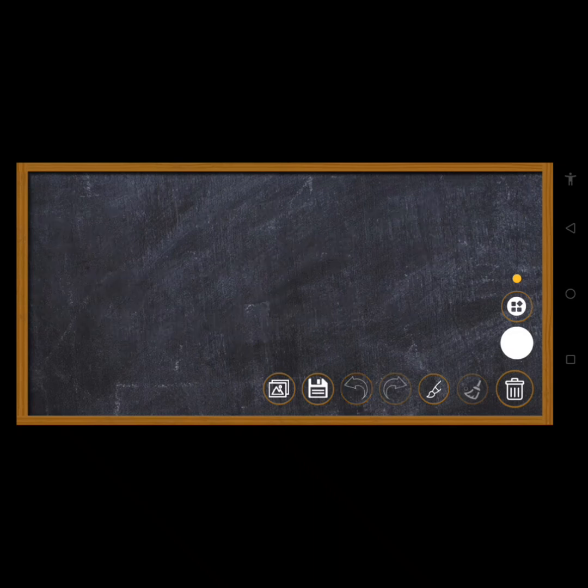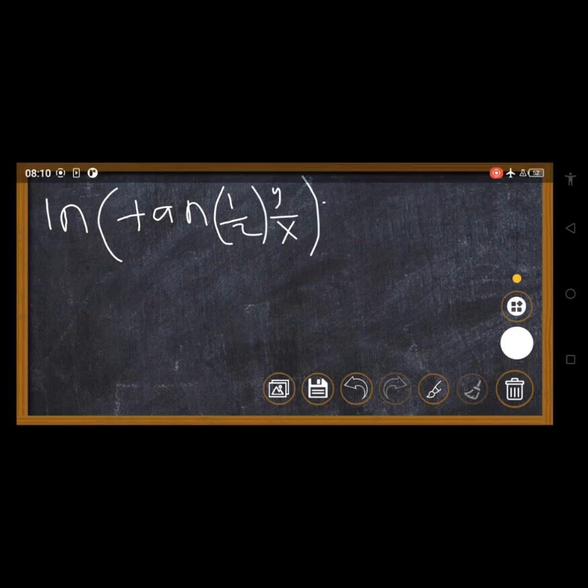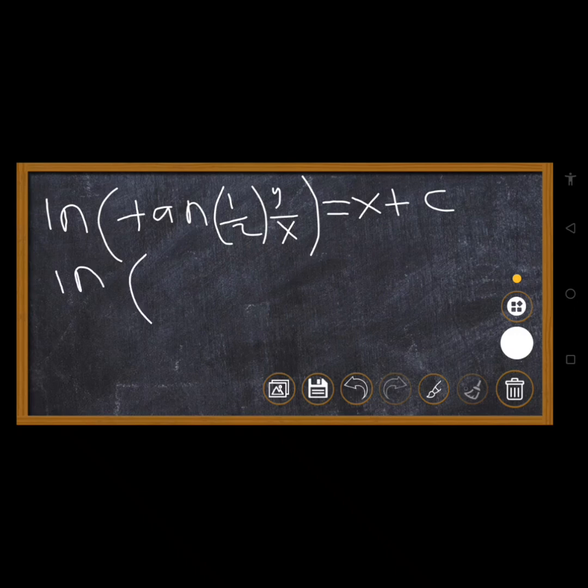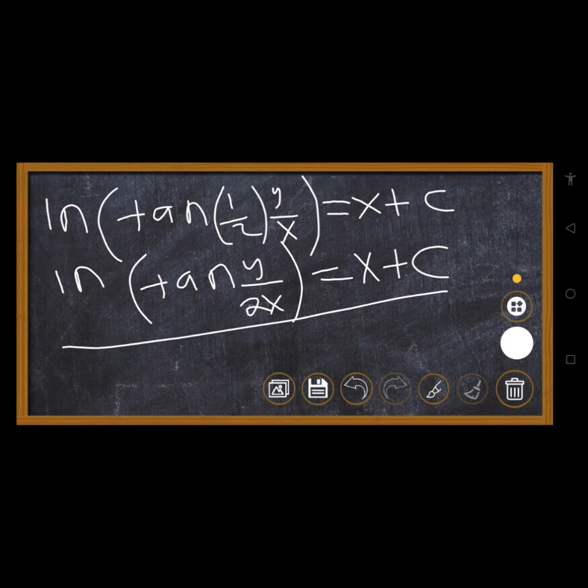So here we have ln tan of 1 over 2 times y over x equals to x plus constant c. In this case we can multiply what's inside there, so that we have ln of tan of 1 multiplied by y is just y over 2 multiplied by x is just 2x, equals to x plus constant c. So now we are done.